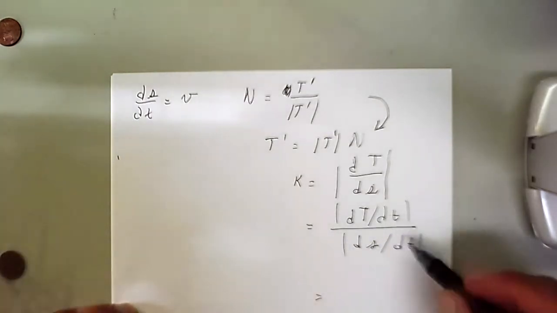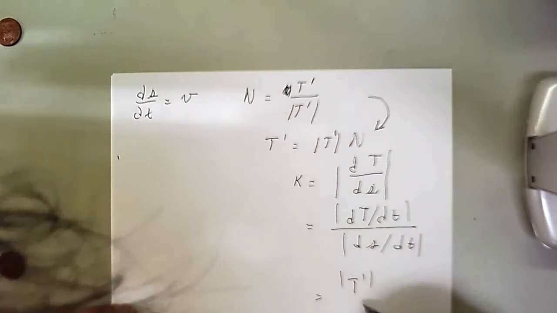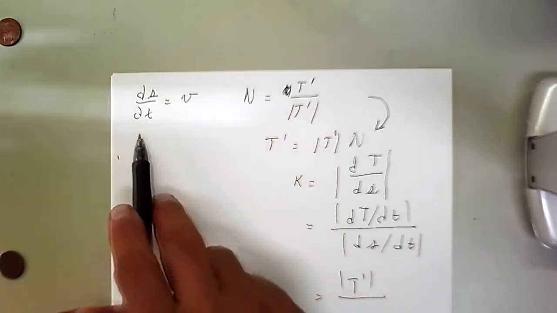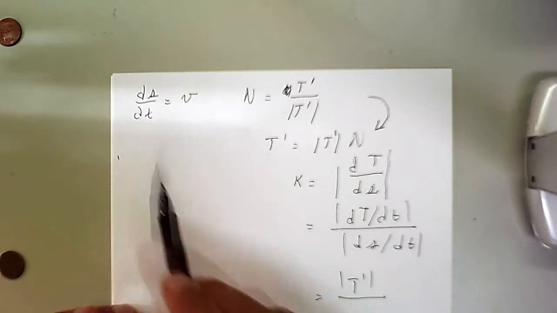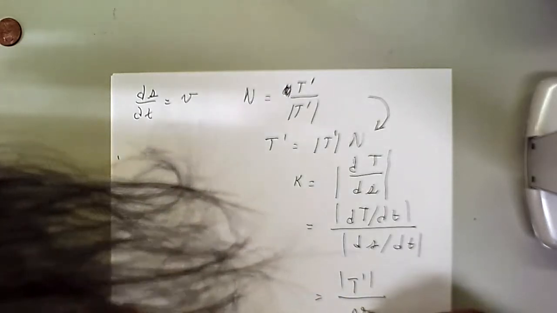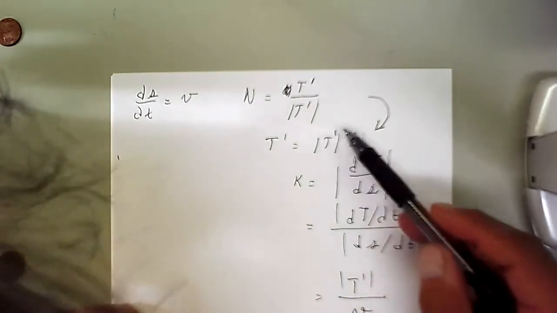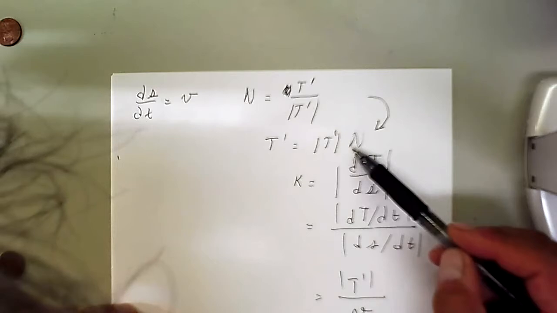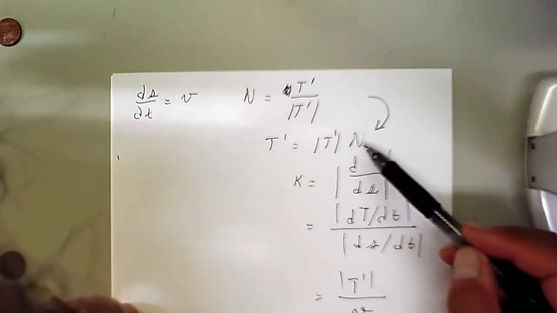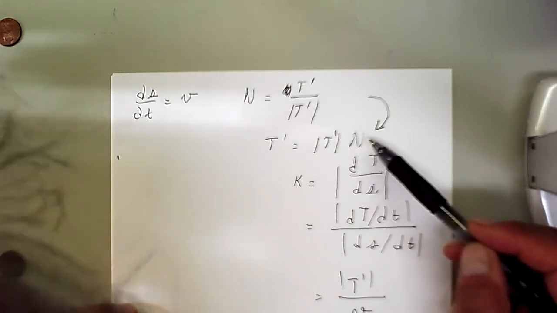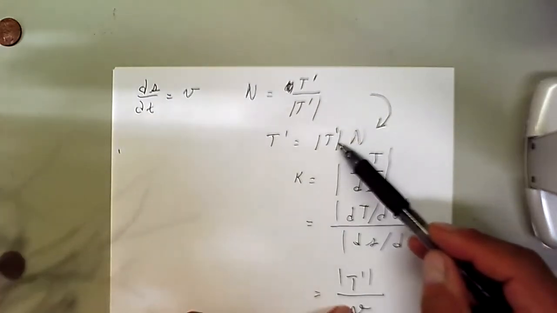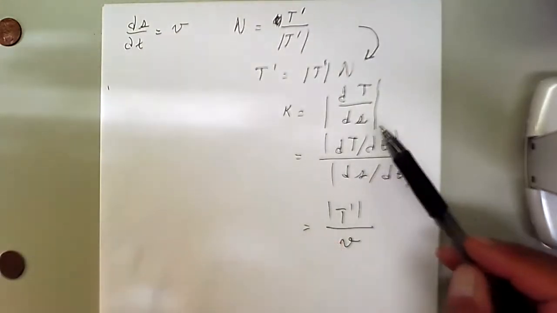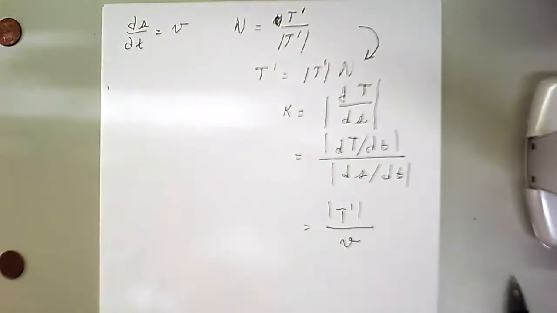So this derivative is just T prime. And ds dt, as we have explained earlier, is the velocity. Up here, though, T prime, the magnitude of T prime, let me pause for a moment.